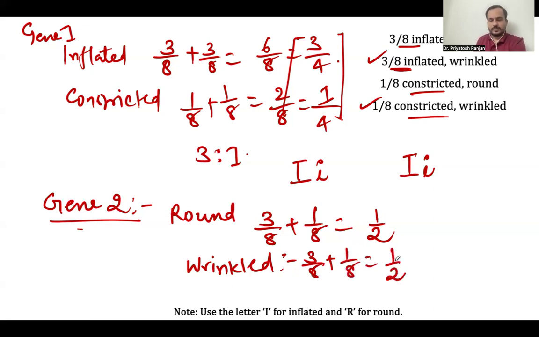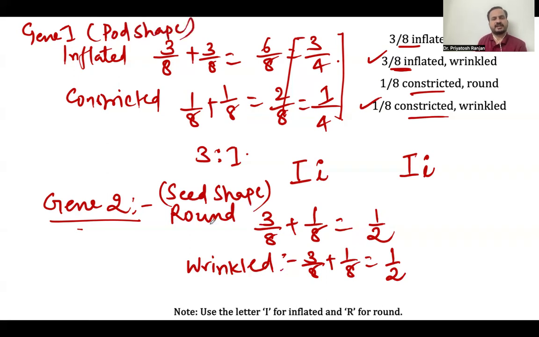Now what does it tell you? It tells me that the round and wrinkled is for the seed shape of the pea plants, and the other gene is for the pod shape, dominant and recessive, inflated and constricted.